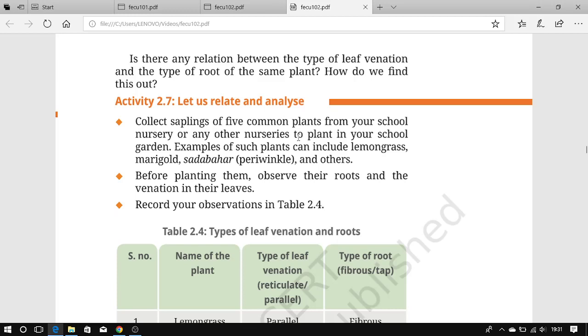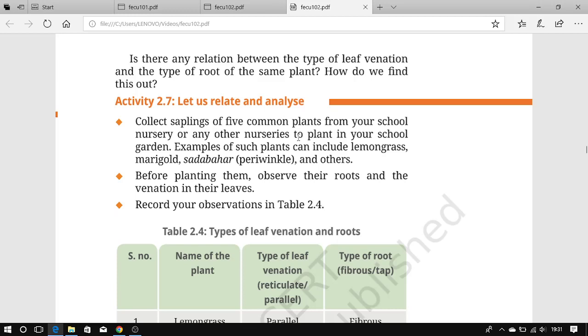Collect a sampling of 5 common plants from your school's nursery or any other nursery to plant in your school garden. Examples of such plants can include lemongrass, marigold, sadabahar, periwinkle, and others.